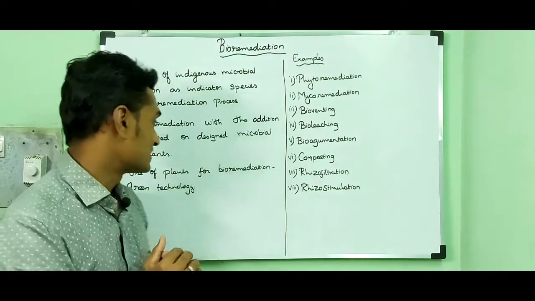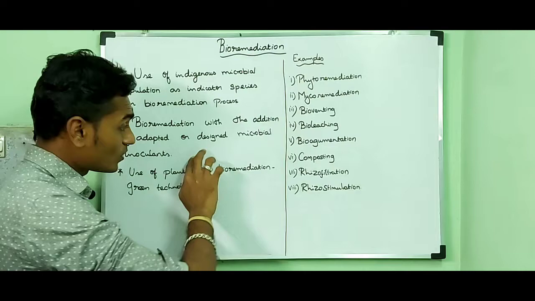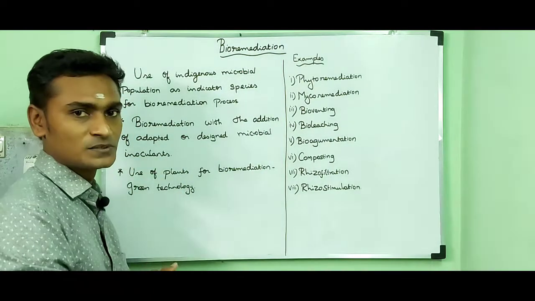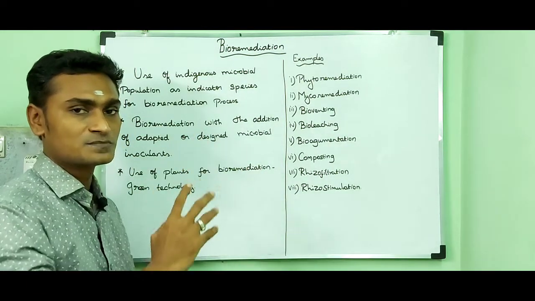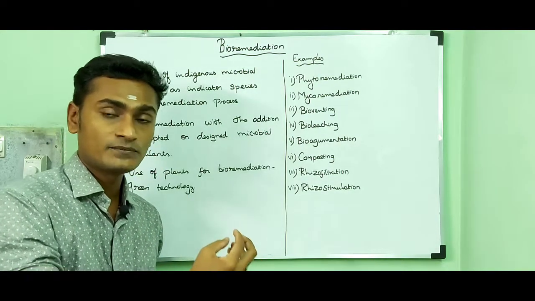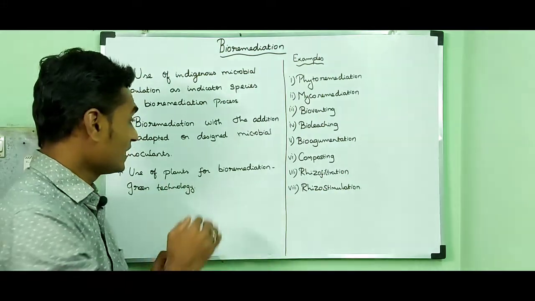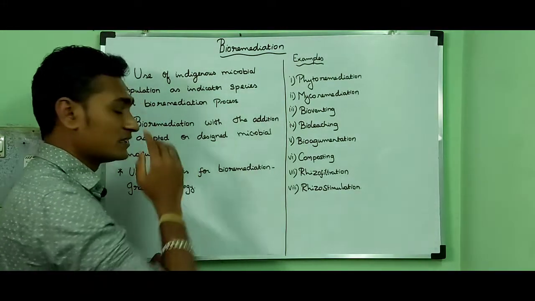That is the second strategy: bioremediation with the addition of adapted or designed microbial inoculants. By using the same Scenedesmus, we can degrade the chemicals present in the river water and use that water. They have also mentioned designed microbial inoculants.